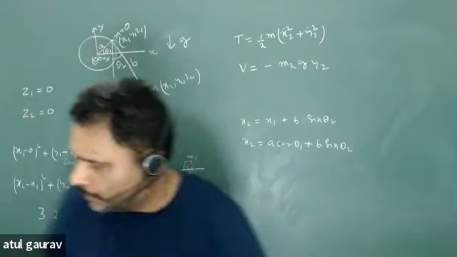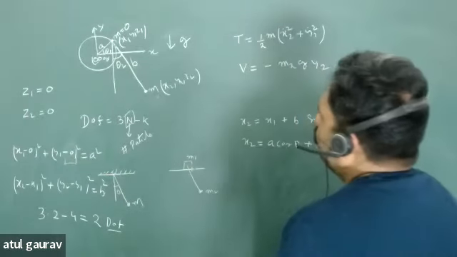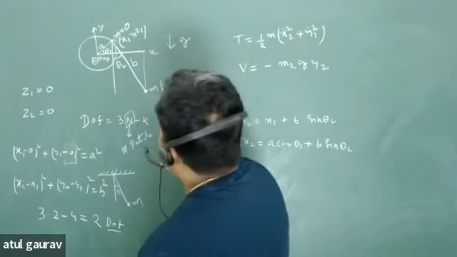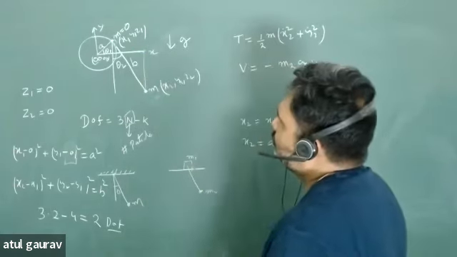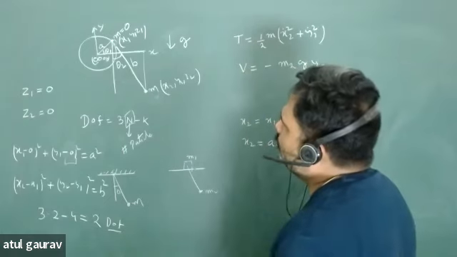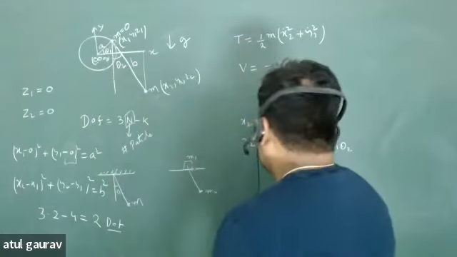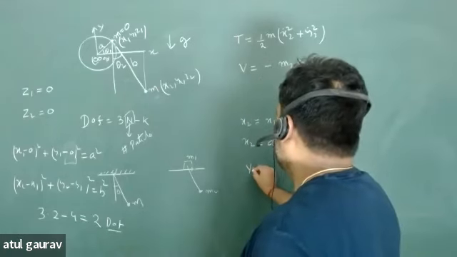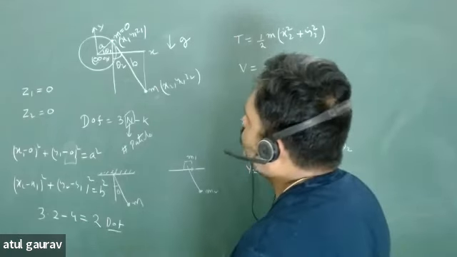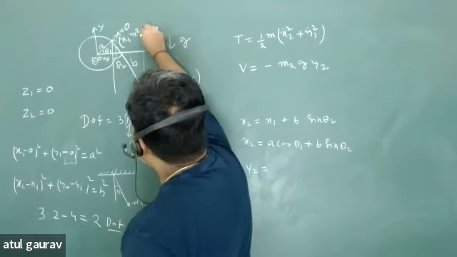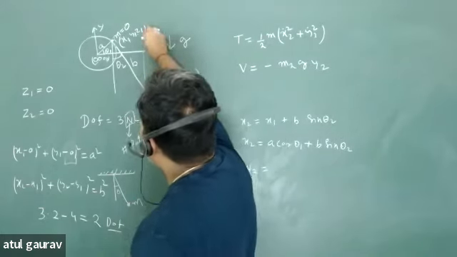Okay, good. And now, what is your y2? Y2 is this distance, isn't it? Yes or no? This is your y2 because this is your 0, 0. So can I write y2 is equal to this distance minus this distance?